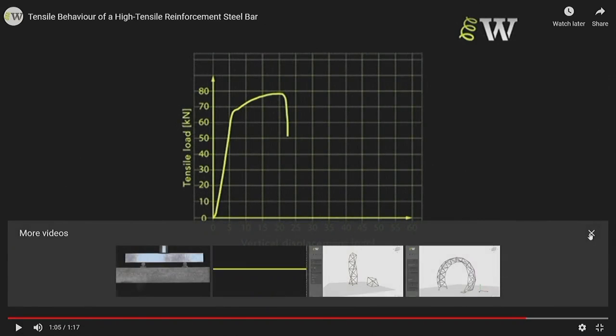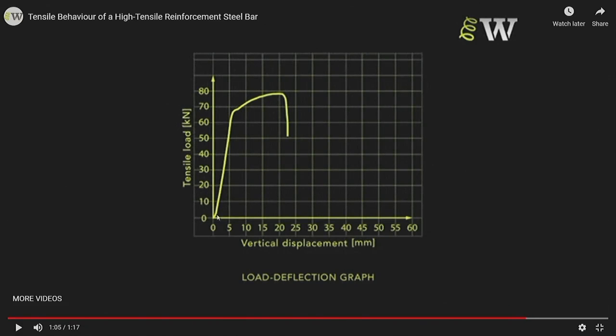So if I stop at this point, you could see that it increases, this is probably the yield point. Although the specimen had the same length, about 460 millimeter, the mild steel bar failed at about 50-55 millimeters displacement before it failed.